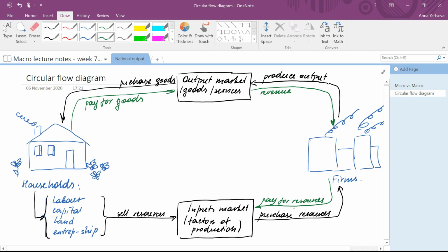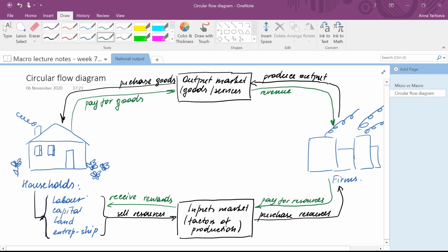They will pay their staff, they will pay their bank charges, they will pay the landlords, and also they will pay the shareholders. So they will return some of the value they've created to people who invested in their business, and they will distribute this profit. Households will receive payments in different forms, rewards for all these resources which they sold.